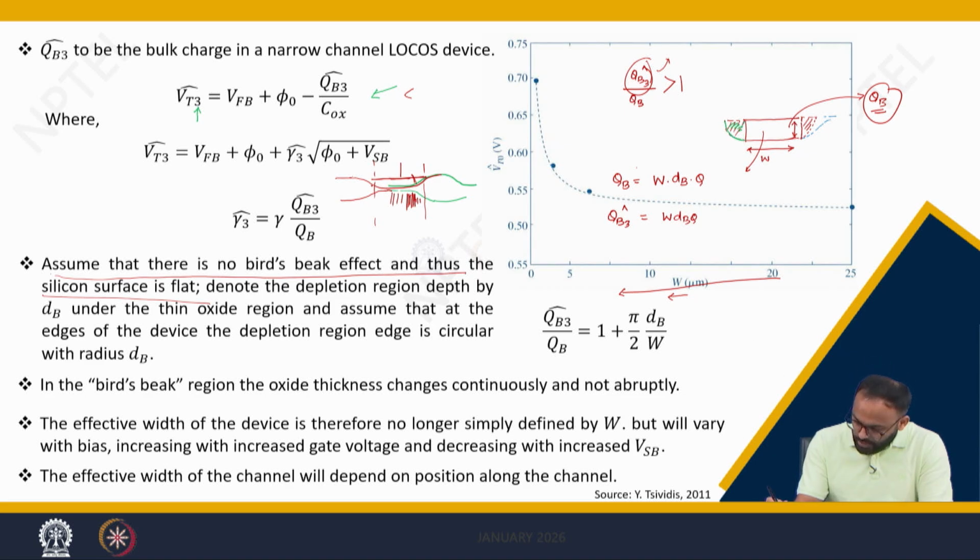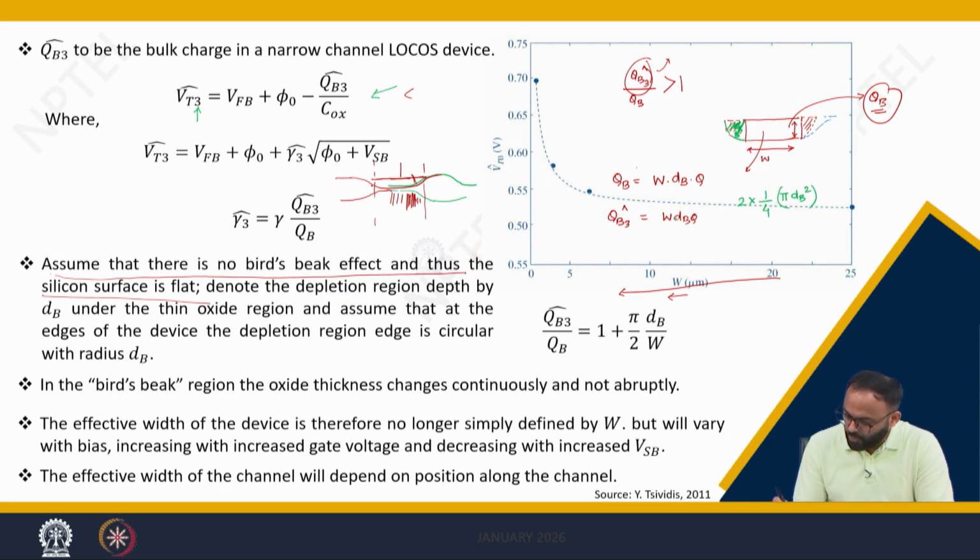If you consider this as a radius, then this circle is 1/4 of a circle, with area pi dB square. So this will give you the area of this shaded region, and it is two sided, so you need to multiply with 2.